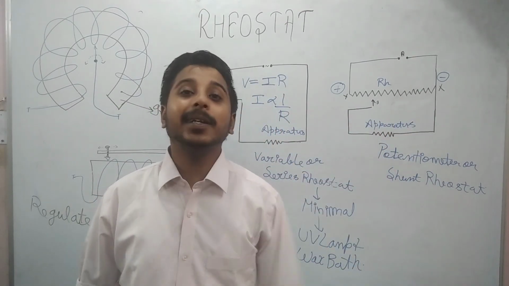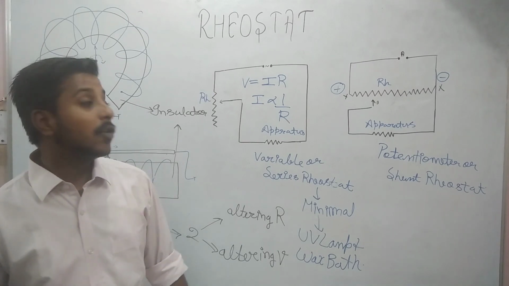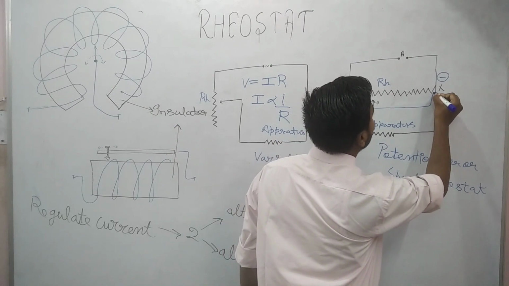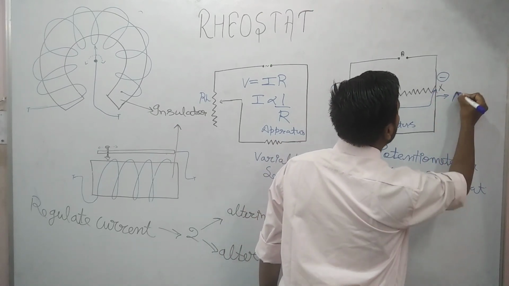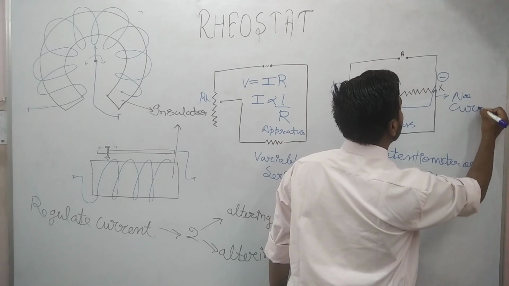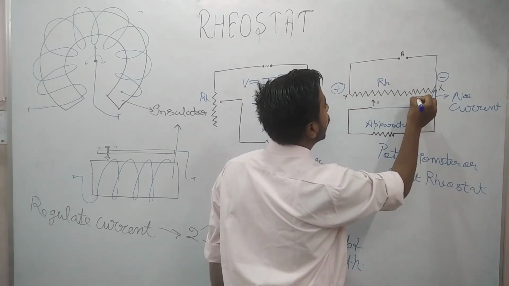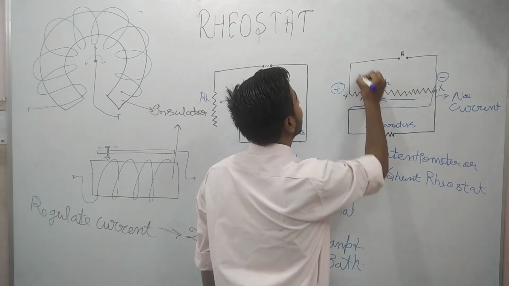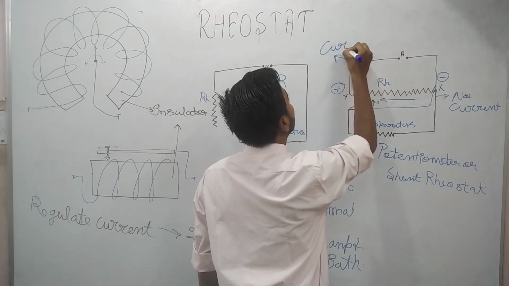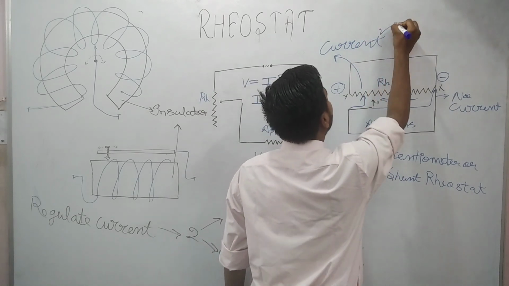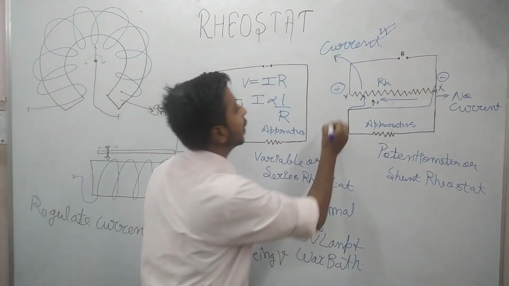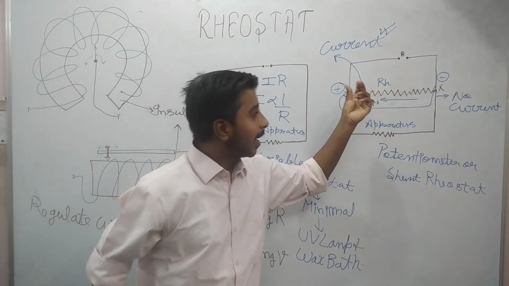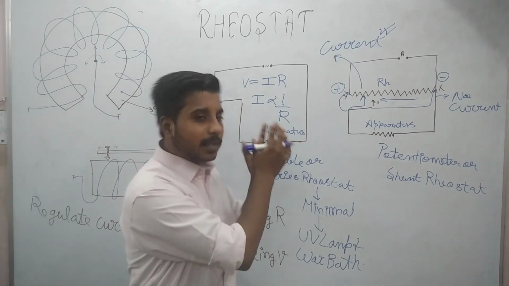So the potentiometer or shunt rheostat is the rheostat in which current can be 0. If this knob is connected here, there is no current. But when we move from X to Y, it has current, and it will be maximum when the knob is at Y. Simple, I have explained it in a very simplified manner.